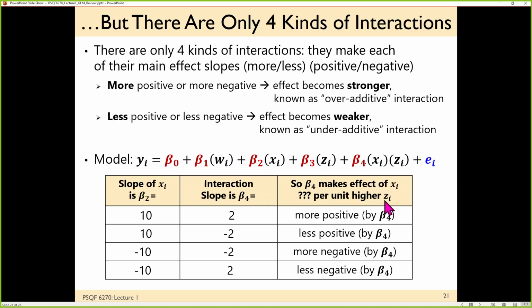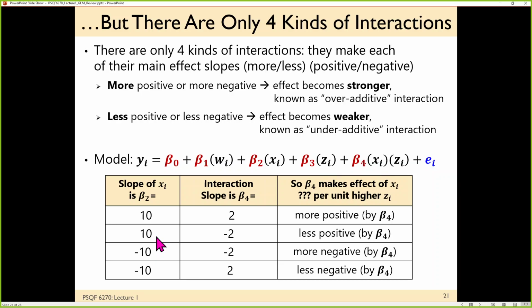So in people that have higher Z, X matters more. That's what more positive means. Higher X relates to higher Y, more so in people with higher Z. That's my sentence.